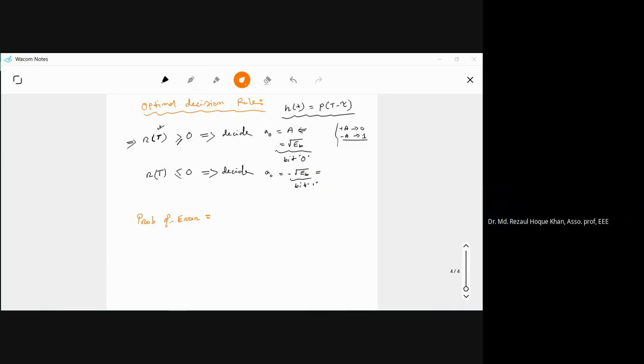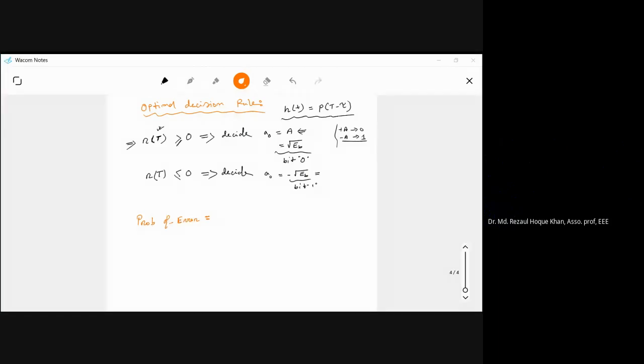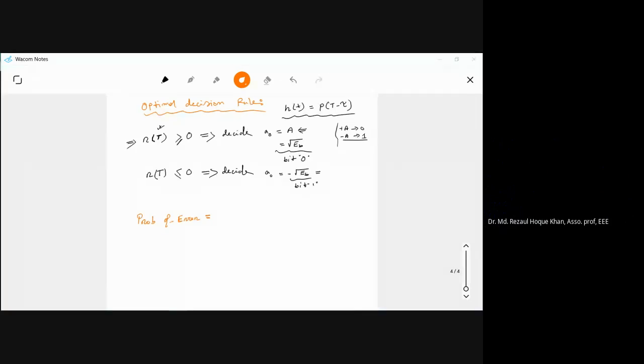In lecture 7 we found the general expression: the probability of error is the Q function of the square root of s squared Ep over N0 by 2.